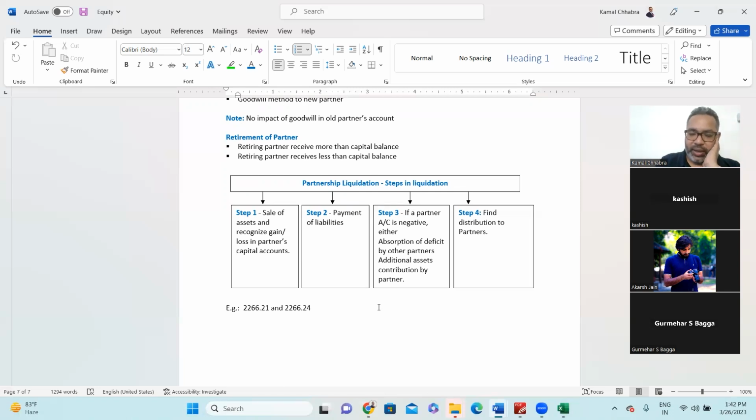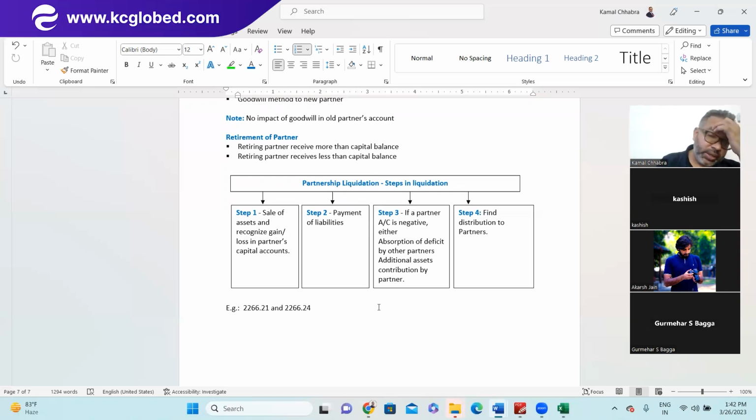Second is payment of the liability after selling of the assets. From the amount which you have received, you will be making the payments of liability. Third, if partner account is negative, either absorption of the deficit by other partner or additional assets contribution by the partner that he or she needs to make, and then find out the final distribution to the remaining partner.